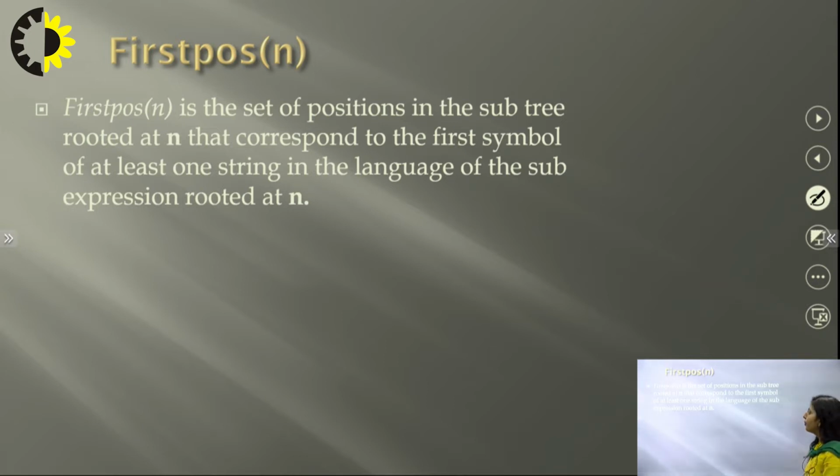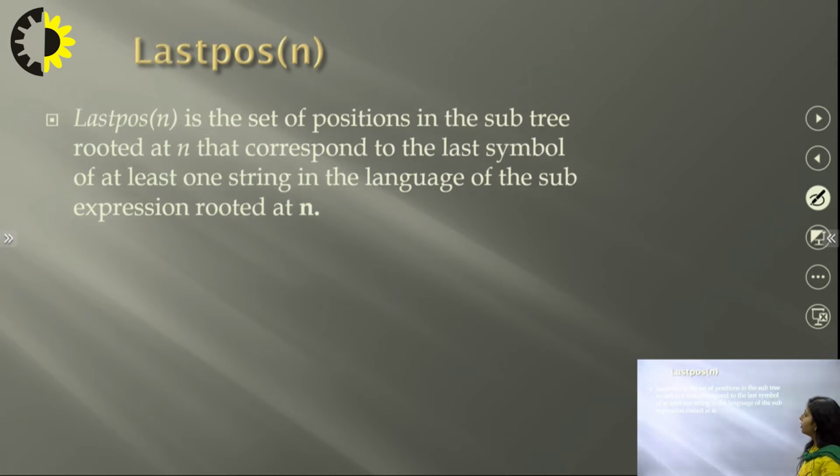The firstpos is the set of positions in the subtree rooted at n that correspond to the first symbol of at least one string in the language of the subexpression rooted at n. By using this firstpos, we can calculate the first position of any node. Now, the lastpos is used to calculate the last position.